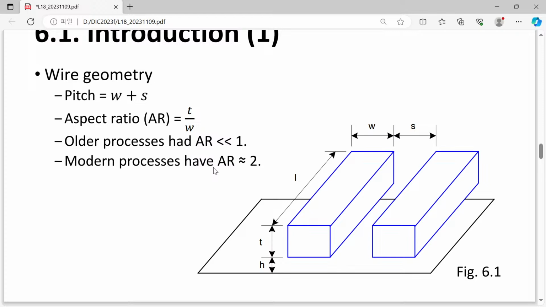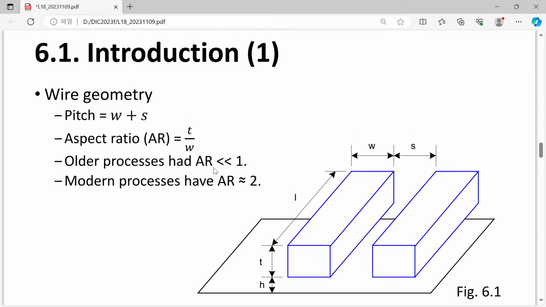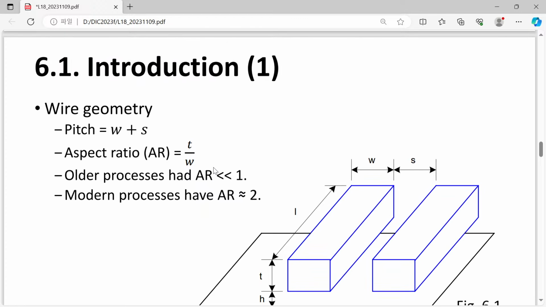For example, let's talk about the specification to describe wire geometry. So we have some quantities called pitch in many cases.